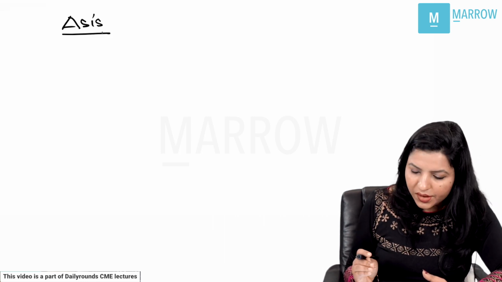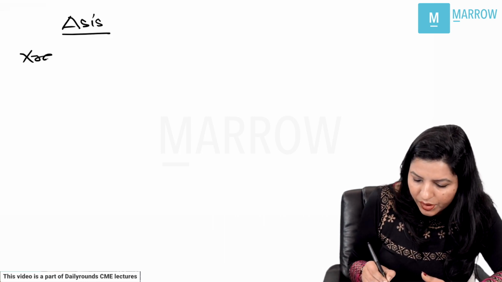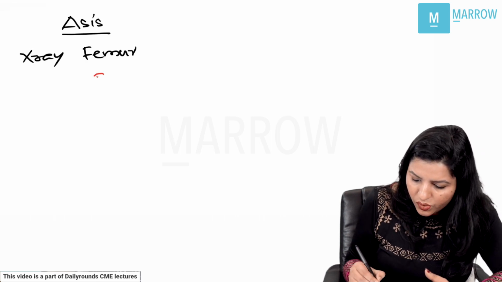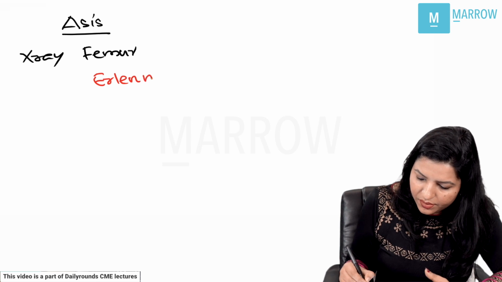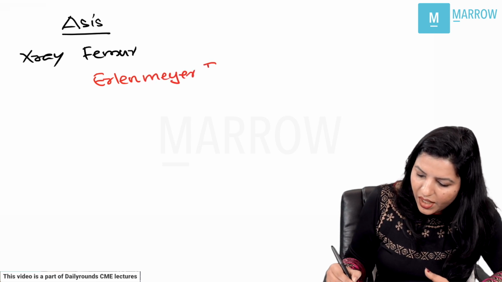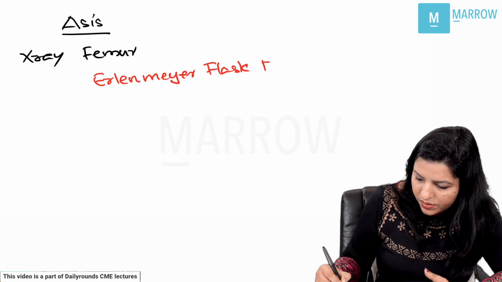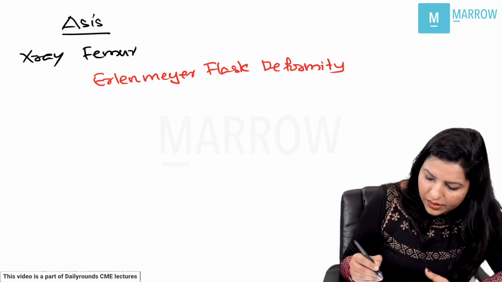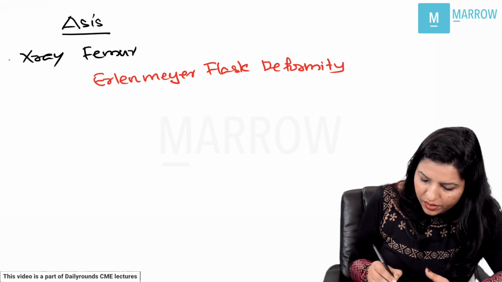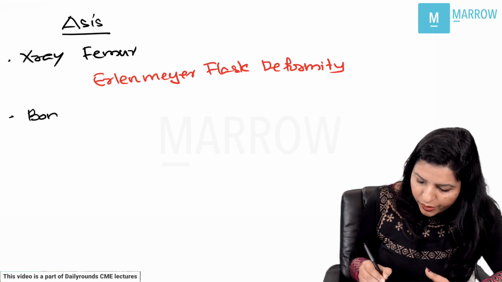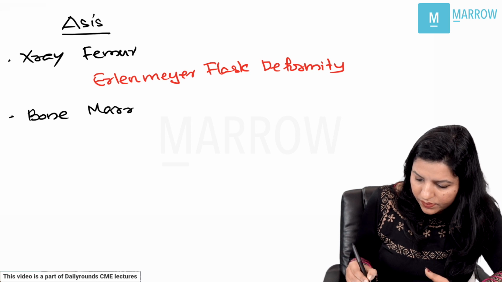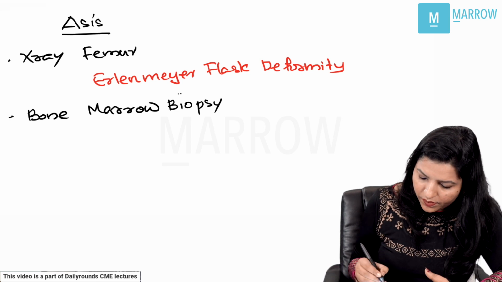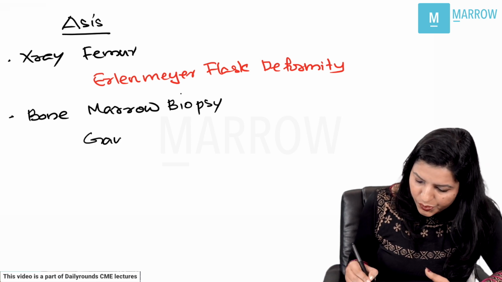One more I should discuss in Gaucher is its diagnosis. It is very characteristic: the X-ray of the femur shows Erlenmeyer flask deformity, and in the bone marrow biopsy, the Gaucher cell is present.